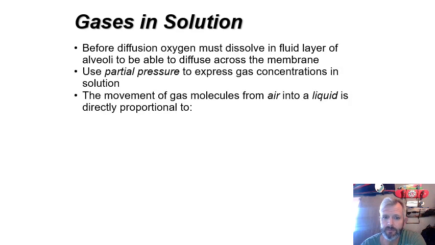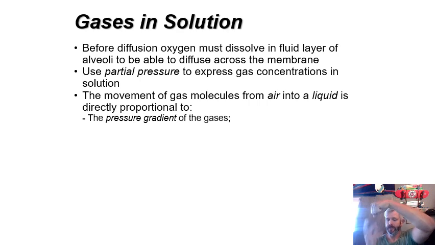But one other facet we've got to throw in here is we're going from an air environment into a liquid environment that is non-compressible. So we're going to see that the solubility of the gas also determines how much gas. Even though partial pressure might be the same, the concentration of the partial pressure in air compared to in liquid, say in the blood, is going to be different.